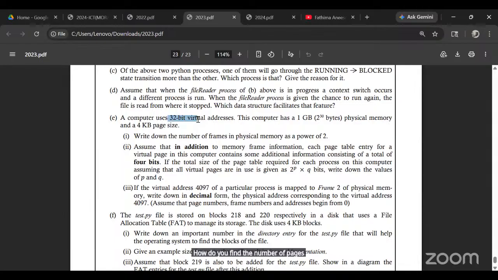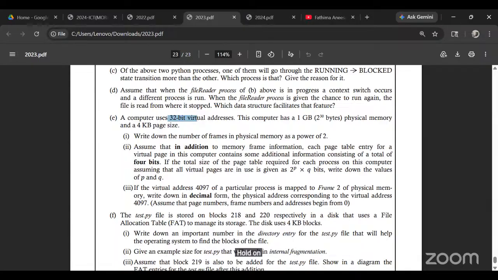The virtual address space is 32 bits, so take it into bytes: 2 to the power 32 bytes. Virtual address space divided by page size: 2 to the power 32 minus 2 to the power 12, in powers of 2, you will get 2 to the power 20. So 20 is the number of pages.